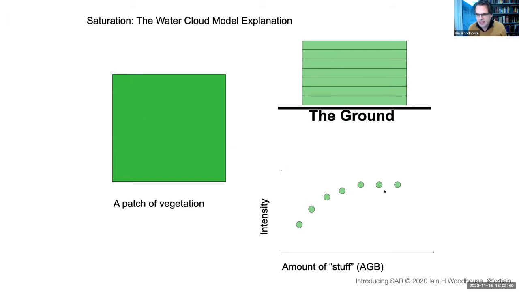I can't see through to the bottom, and that's where you end up with this saturation point, because it doesn't matter how many layers I add anymore. So this is the classic explanation for what's happening when you see the saturation. And if I've got longer wavelengths, then each layer is slightly more transparent, so I have to add more layers before I stop seeing right through to the ground.